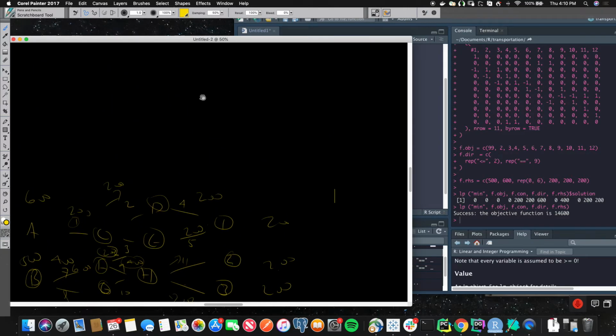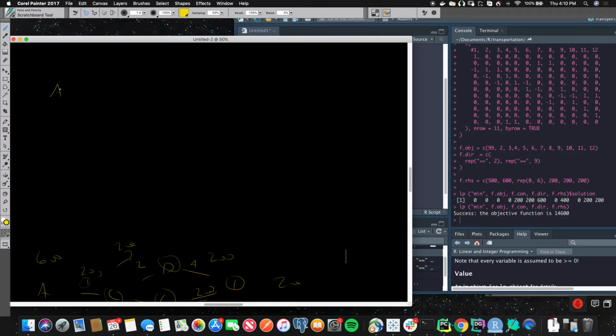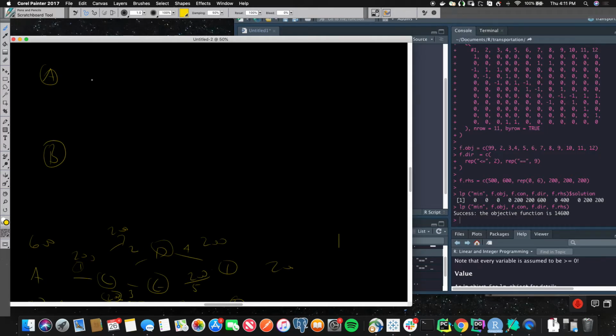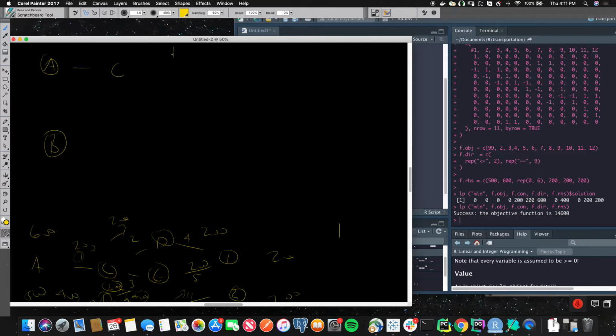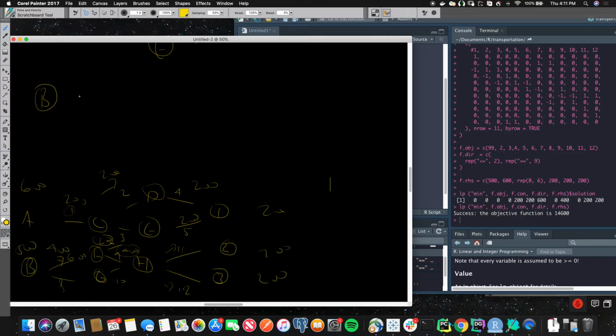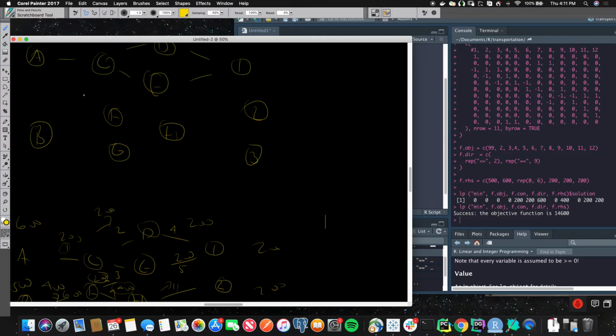So what happened here is that we said the original cost from that distribution center was really expensive. So let's see here. C, E, 1, 2, 3, 4, B, F, G, H, 2, 3, and this was one pathway here.